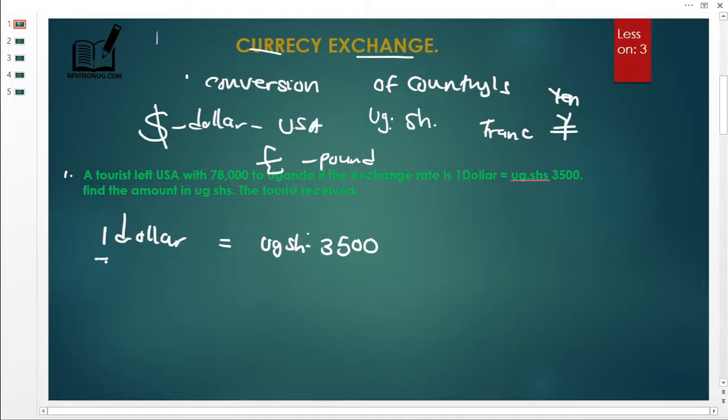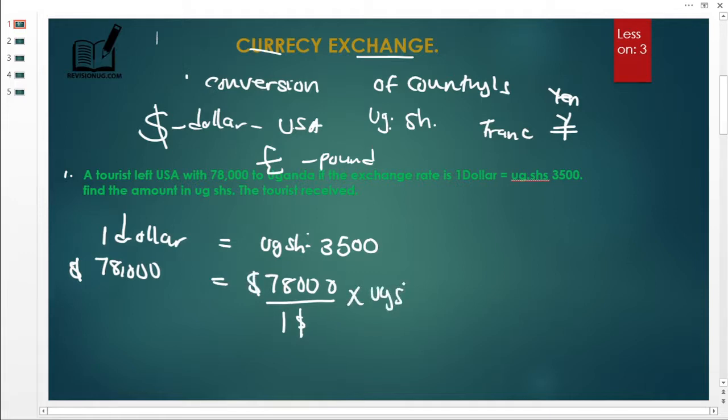Then how about 78,000 US dollars? This is 78,000 over $1, times our Uganda shillings 3,500.